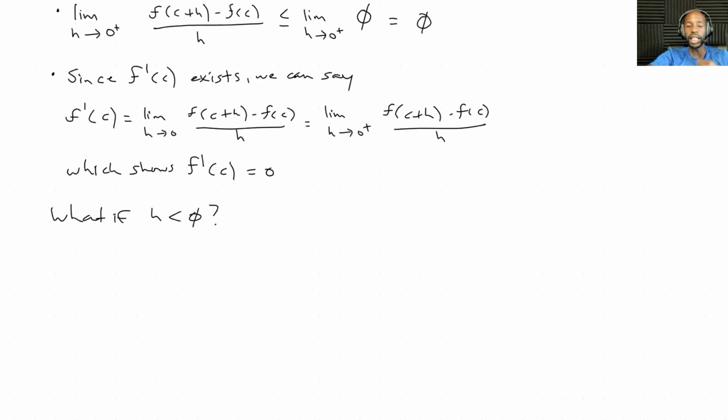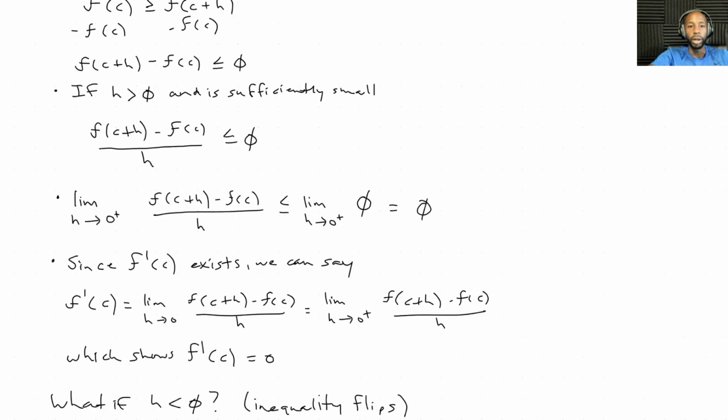Now keep in mind h is that denominator. So we had an inequality there. Remember that the inequality flips. Okay? Because what happened is, let me scroll up here. Over here, in this step, when we divided this side by h, we divided both sides by h. We did the same thing to both sides. But when you divide by a negative h, this inequality is going to flip right here.